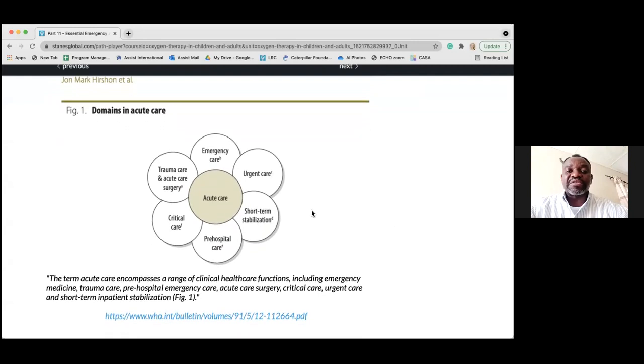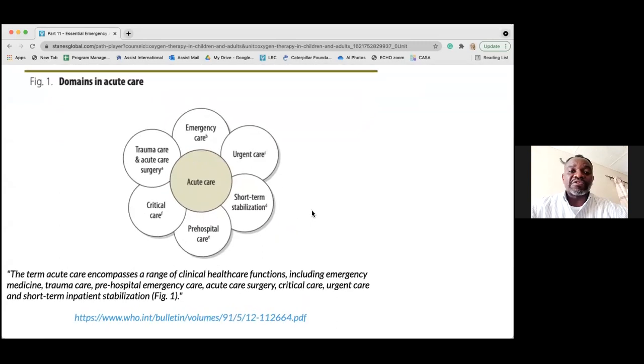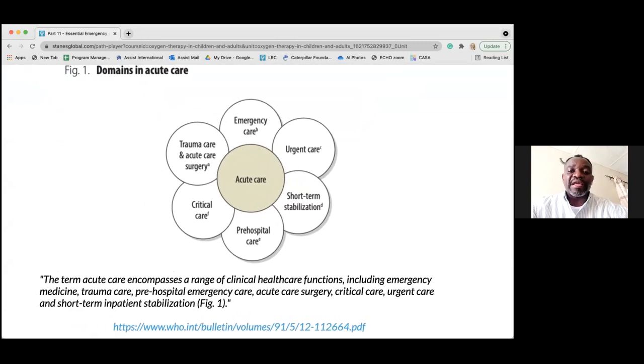As you can see down here, there's a diagram showing different domains where patients are found and where a life-threatening condition can come.